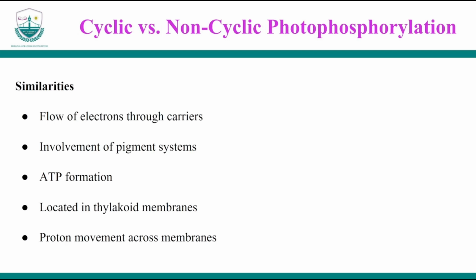In both cases, cyclic and non-cyclic phosphorylation, the electrons get excited, then they are carried along different electron carriers, and these involve photosynthetic pigments. Eventually, when these electrons come back, you have sufficient energy to form ATP, and this all happens in the thylakoid membranes, and it drives proton movement across the membranes.